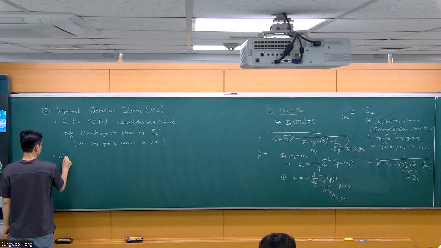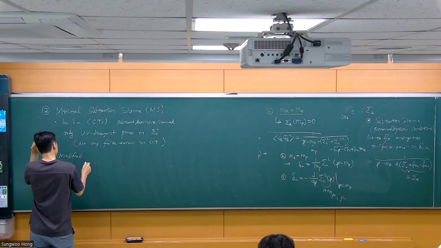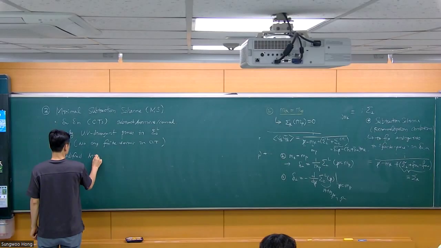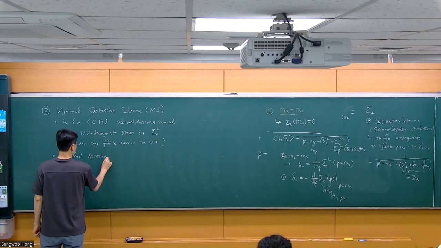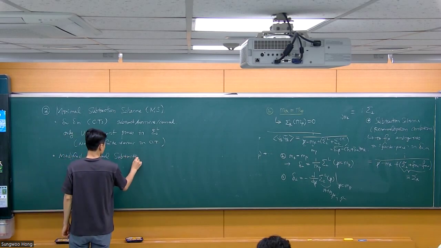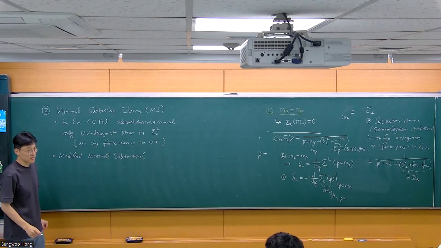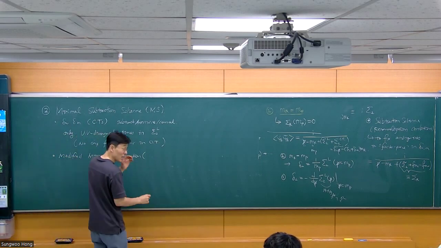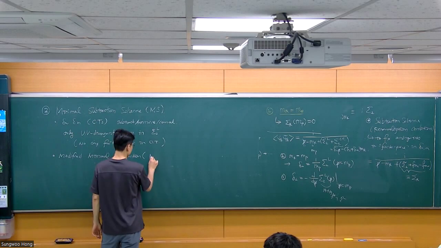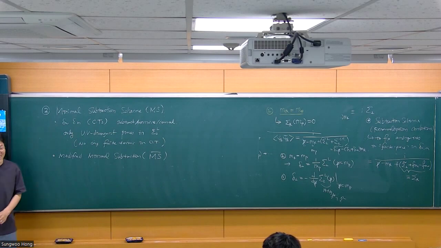It's called modified minimal subtraction. And we can guess the notation, the acronym for this. What? MMS. Actually not, you would call it MS bar. Okay, that was a good guess by the way.